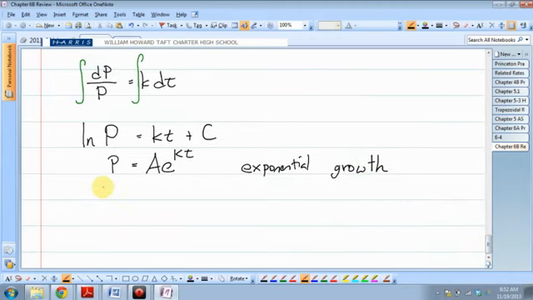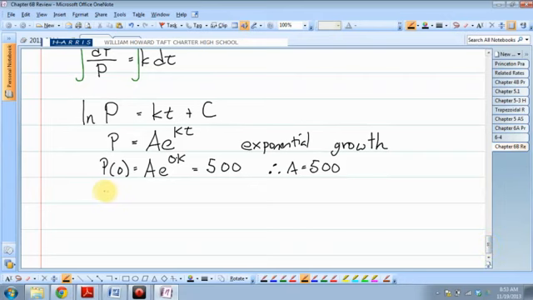Currently we'll call this P0. There are 500 bacteria, so that means A is 500. That makes my equation P(t) equals 500 e to the kt.